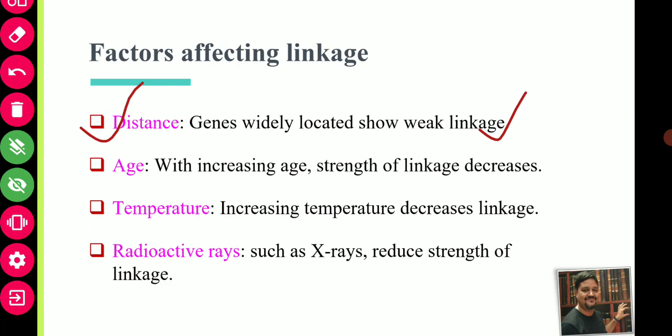With age, the strength of linkage will decrease. Then temperature. Increased temperature will decrease linkage, so as you increase the temperature, there will be lesser strength of linkage. Then radioactive rays will also reduce the strength of linkage. So these are the factors that will affect the linkage.